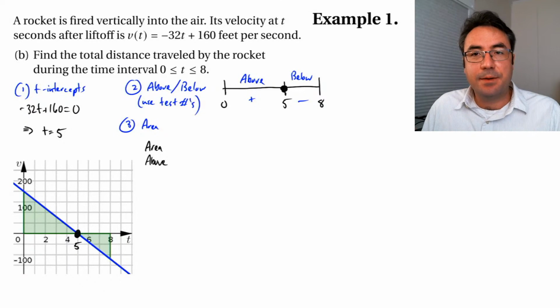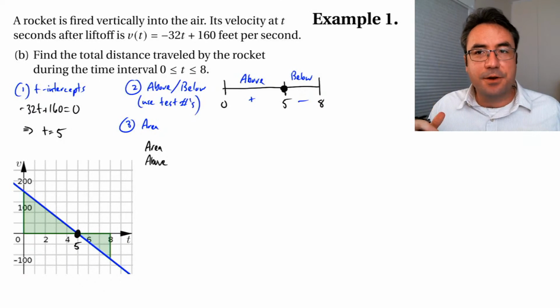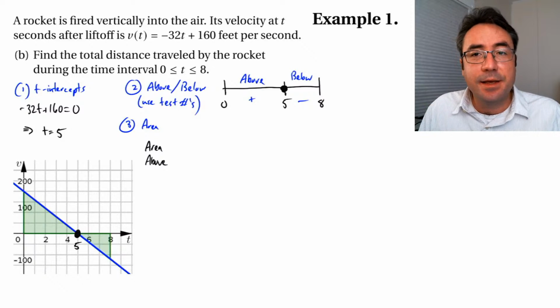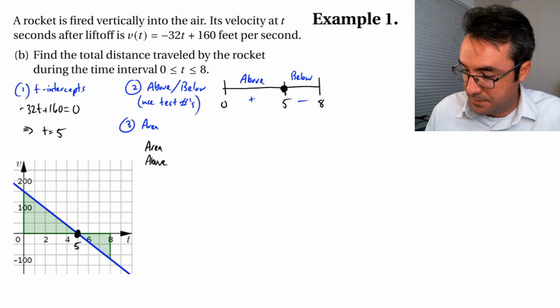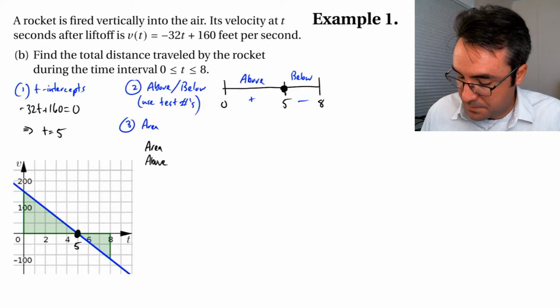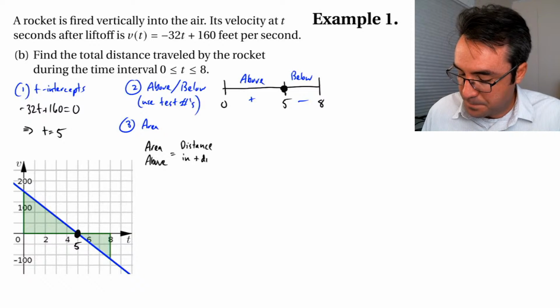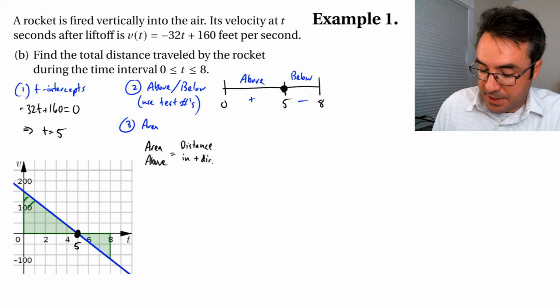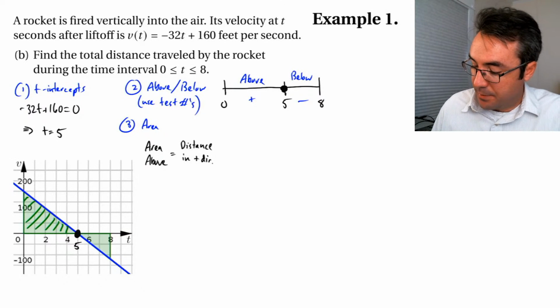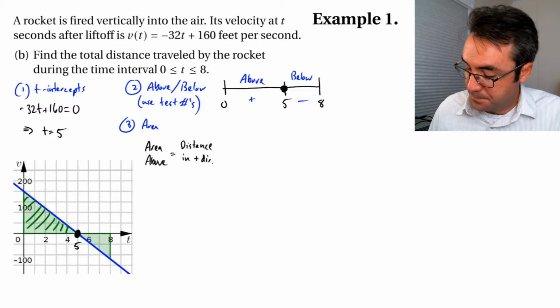And really, we're saying the area under the curve there, but what we're really calculating, that section that's above the horizontal axis, that really represents the distance traveled in the positive direction.